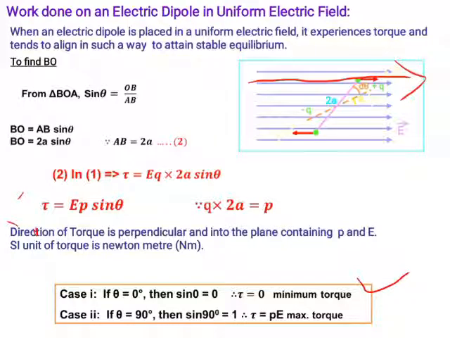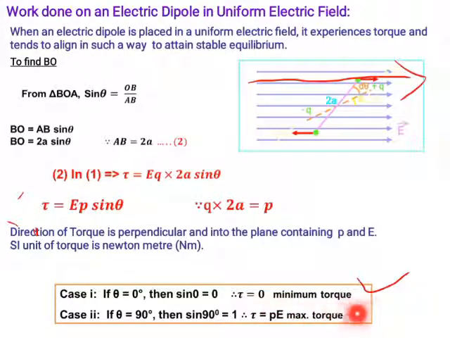Second case: if theta is equal to 90 degrees, sin 90 is equal to 1. Therefore, substituting 1 in this formula, tau is equal to PE, where we observe maximum torque.